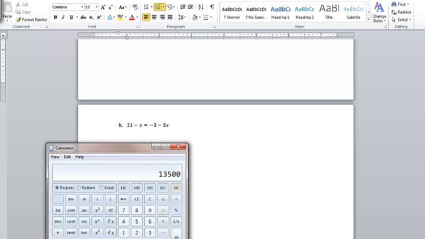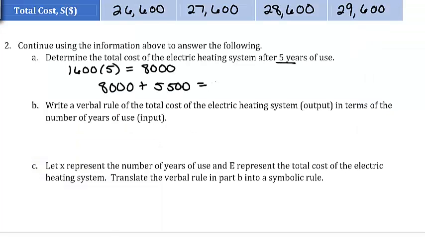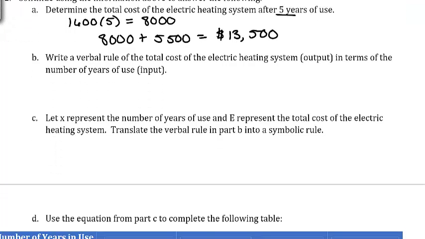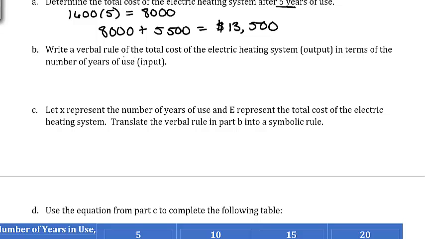So we get 13,500. Write a verbal rule of the total cost of the electrical heating system in terms of the number of years of use.